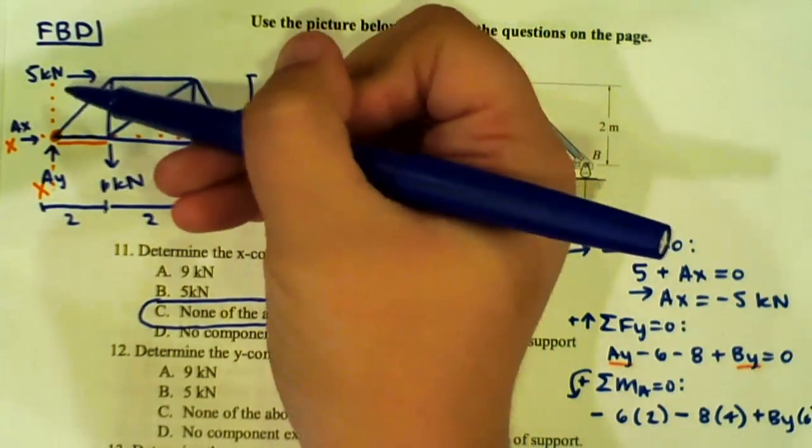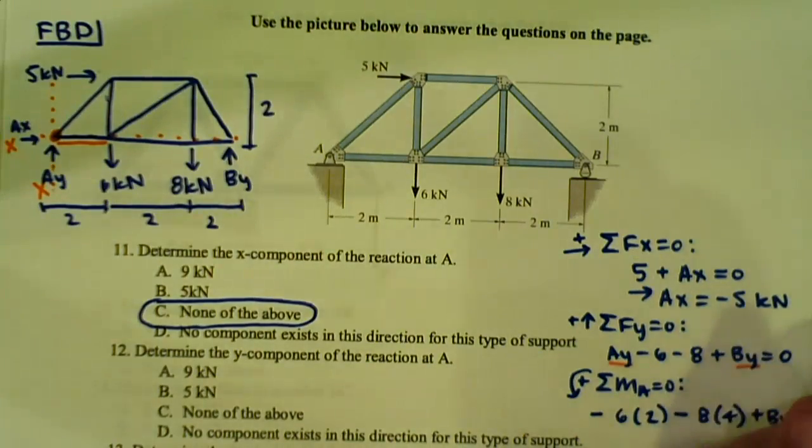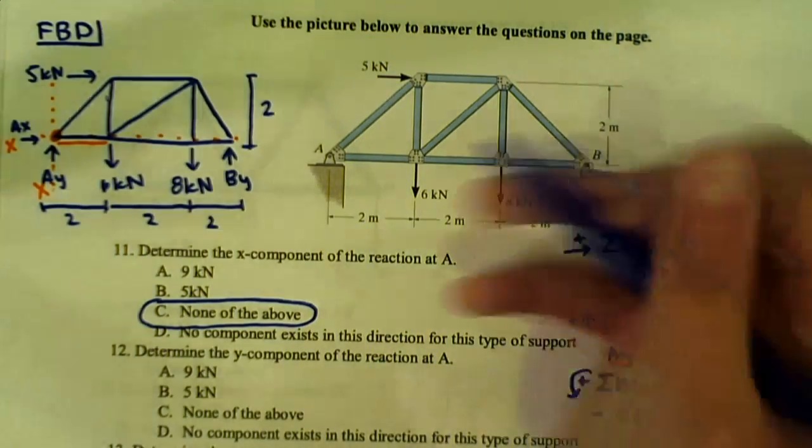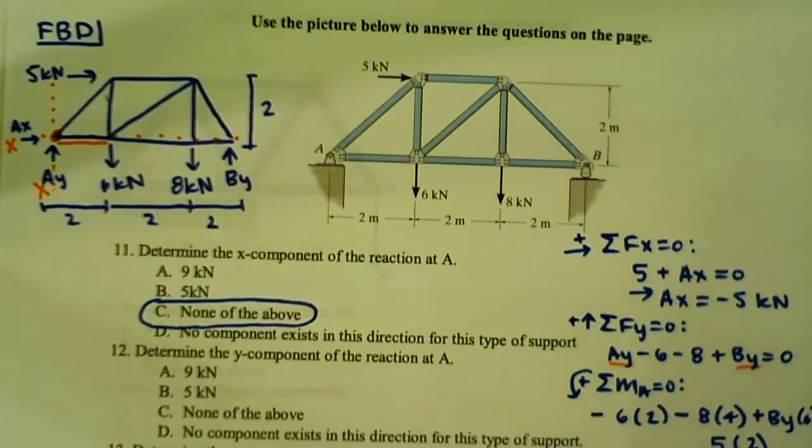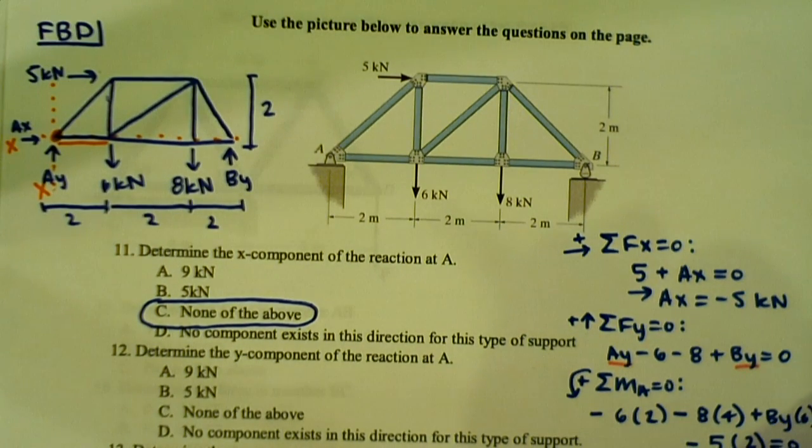And we still have our 5 kilonewton force up here, so we have 5 times the perpendicular distance of 2, going in a clockwise direction. And that's all equal to 0. Does that all make sense? So our BY value is going to be equal to 9 kilonewtons.